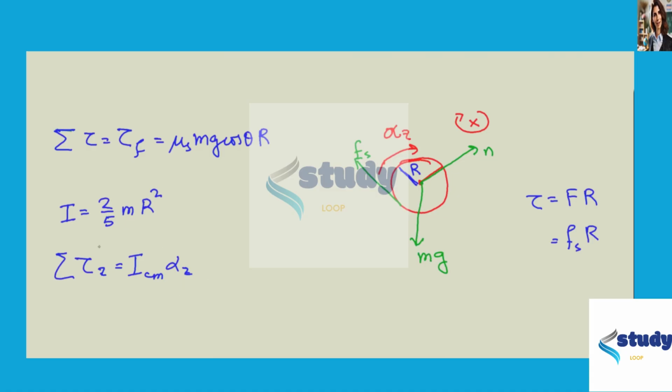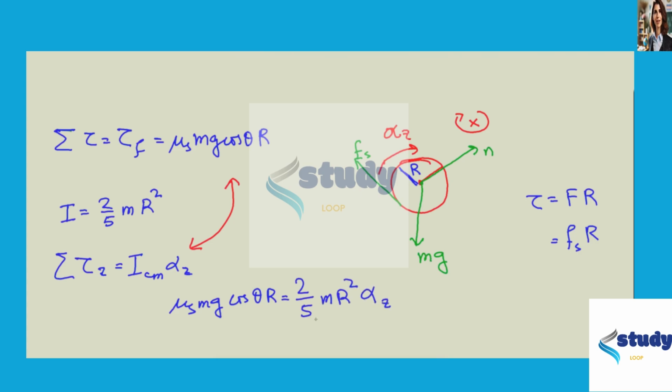So we can compare these two to solve for our mu s. What we get here is mu s mg cosine theta times r is equal to 2 over 5 mr squared times alpha z.